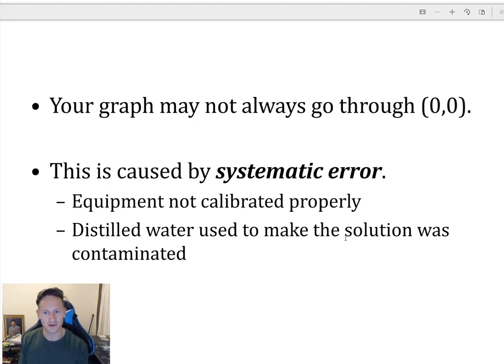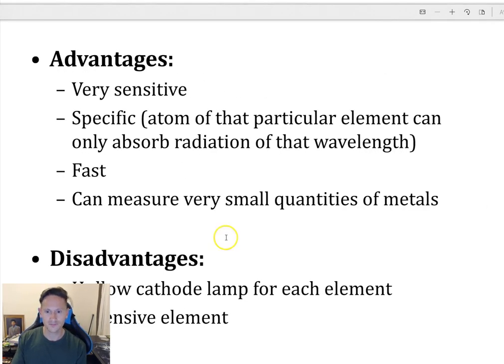If there is an error associated with that, that needs to be taken into account with the calibration curve. A potential cause for that could be the distilled water used to make up the solution. Remember that sample was fed in as a liquid. It could have been contaminated, and that can contaminate the entire apparatus.